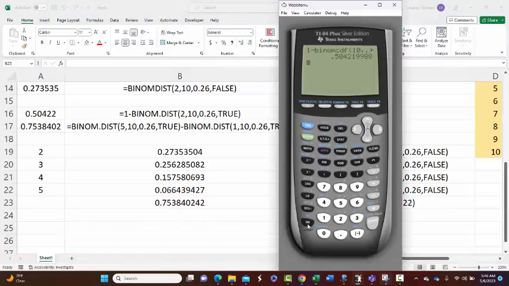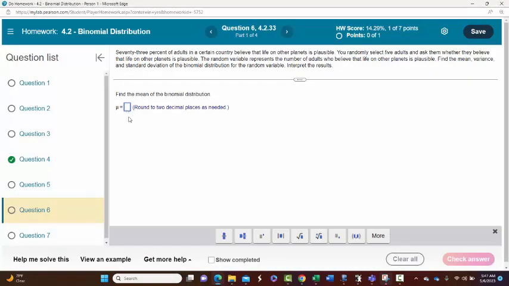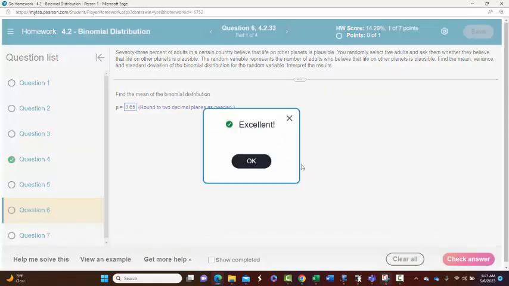We're not using a specific function. In other words, this one I'm just doing n times p. So it's 5, and the same thing you do in the calculator. In Excel, you would just do equal 5 times 0.73. So let's see if 3.65 is correct. Ta-da!